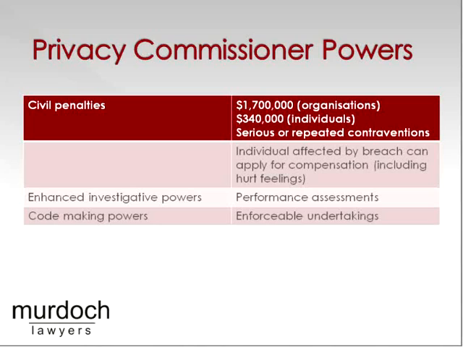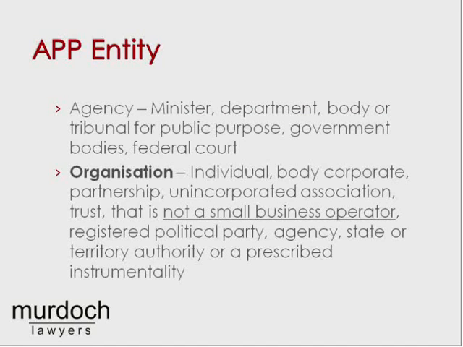Now, if a fine is handed down, an individual affected by the breach can apply for compensation, including if their feelings are hurt. The Commissioner's powers also give more far-reaching investigative powers. The Commissioner can come in and assess documents and assess your processes and procedures. There's code-making powers, and the Commissioner can also hand down enforceable undertakings.